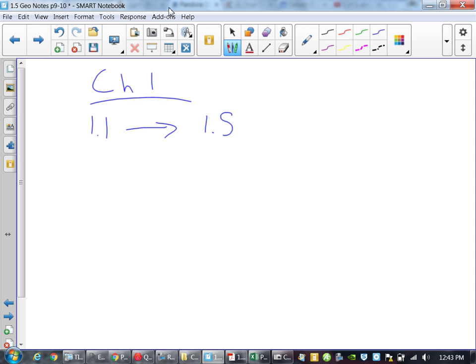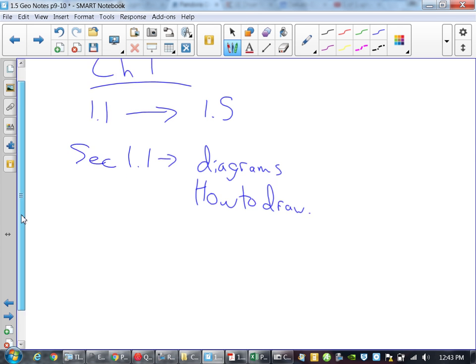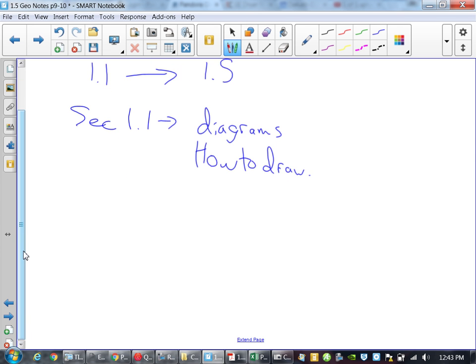One of the things that we first started out in 1.1, what this section really was all about: diagrams and labels and how do you draw stuff. For example, one of the first things we talked about drawing was line AB.